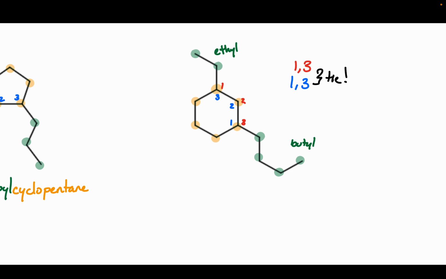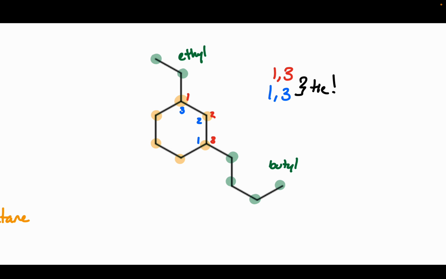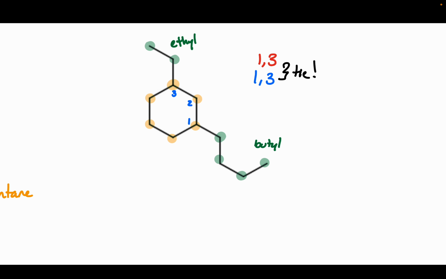It's going to be quite common with these di-substituted rings that we have to break a tie here. Butyl comes first in alphabetical order. So this molecule here would be 1-butyl-3-ethyl cyclohexane.